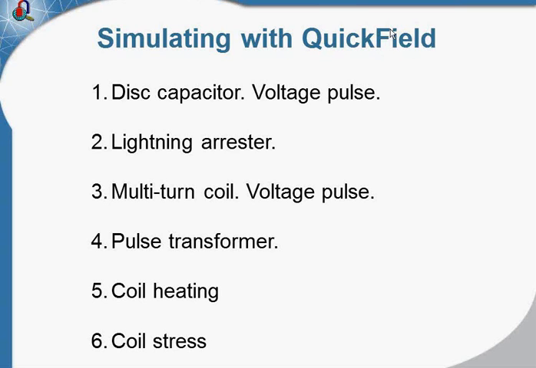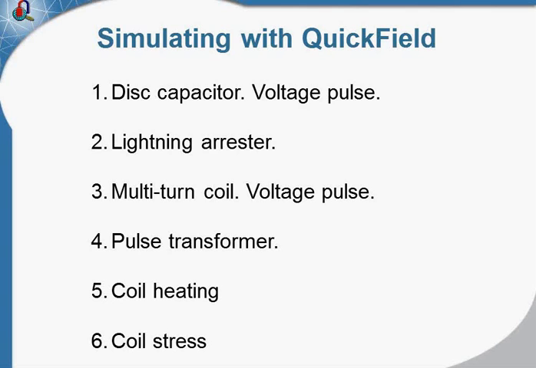Today we will review 6 cases. First is the disk capacitor, and the voltage pulse is applied to the disk capacitor and the charging current is calculated. The second case is the lighting arrestor. The lighting voltage pulse passing through arrestor will be simulated.